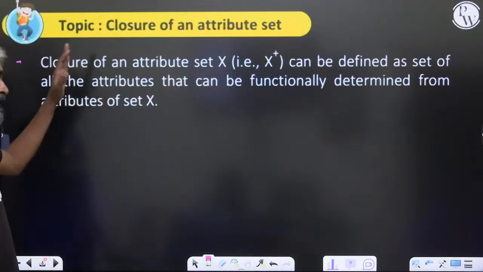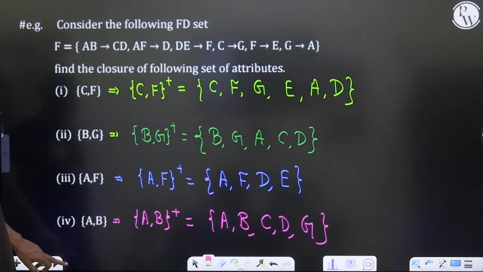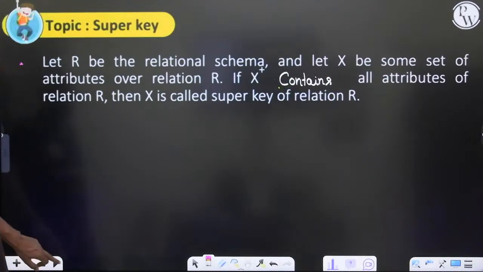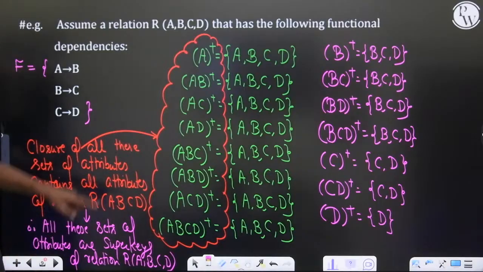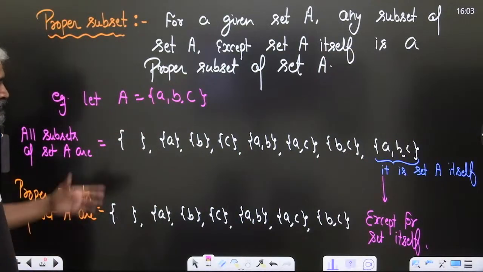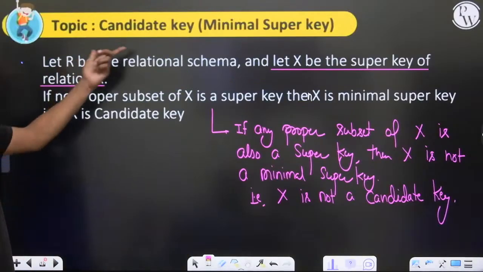Please tell me, do you have any doubt with respect to the closure concept or the super key concept, that is, the set of attributes that can determine all the attributes, the proper subset concept, the closure with respect to proper subset, and if none of the proper subsets is a super key, then it will become the candidate key.